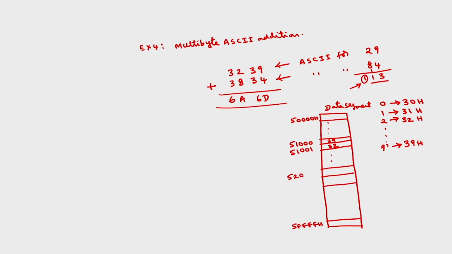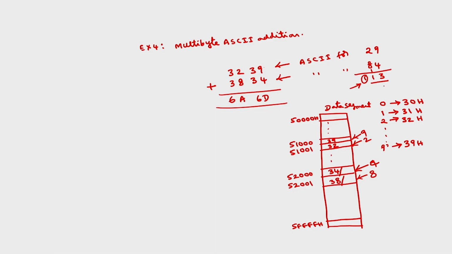At 52,000, 34 is stored, and at 52,001, 38 is stored. These are ASCII corresponding to 9, 2, 4, and 8, and you store the result back onto these.